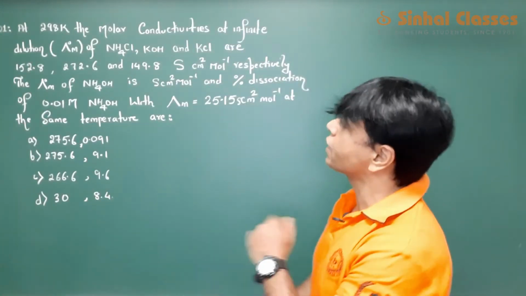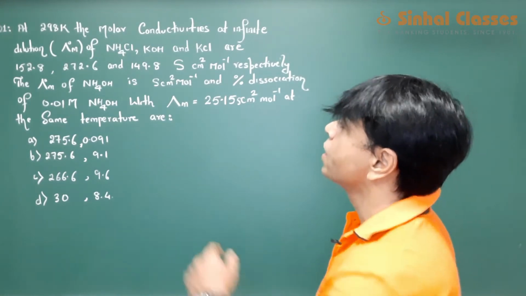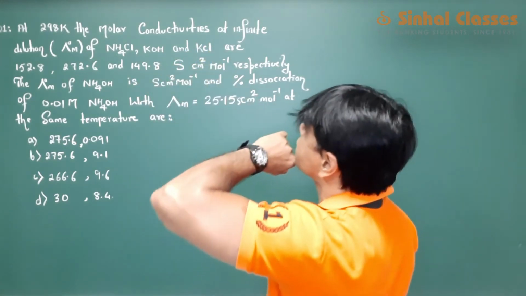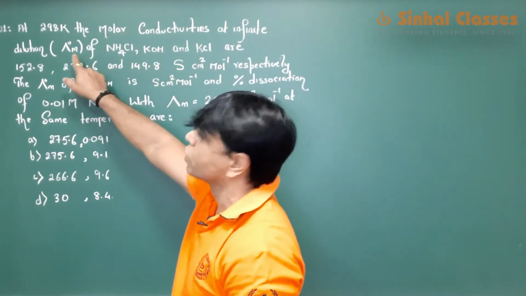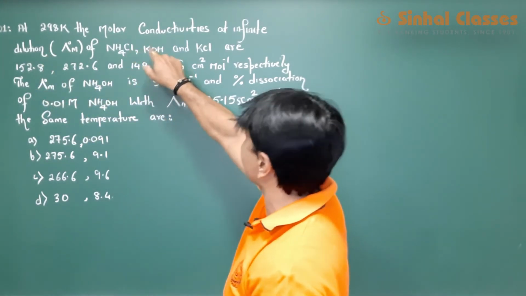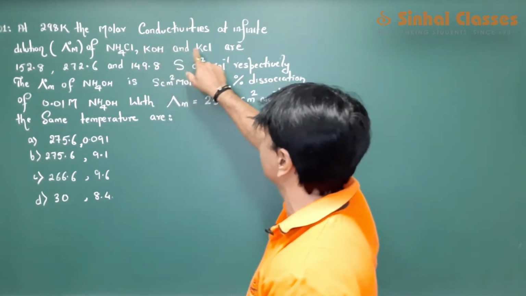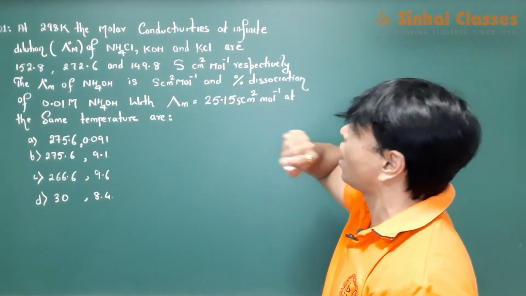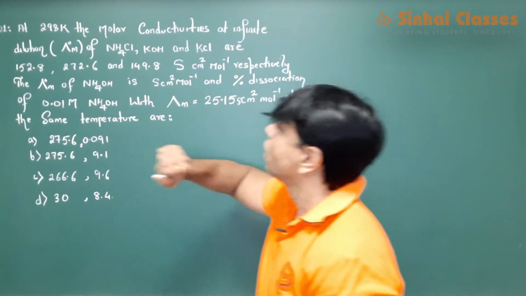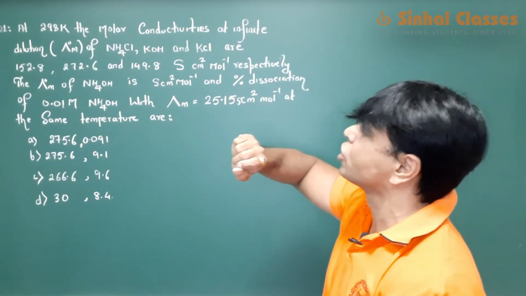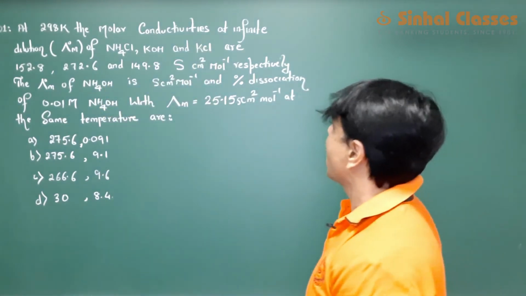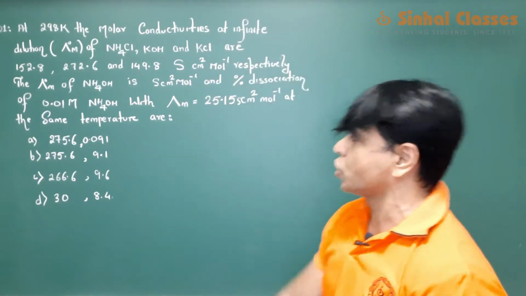Okay student, have a look at this question. It says at 298 Kelvin, the molar conductivities at infinite dilution, that means excess of dilution, of ammonium chloride, KOH, potassium hydroxide and potassium chloride are respectively given. Then you want the maximum conduction at infinite dilution for ammonium hydroxide, and secondly the percentage dissociation.